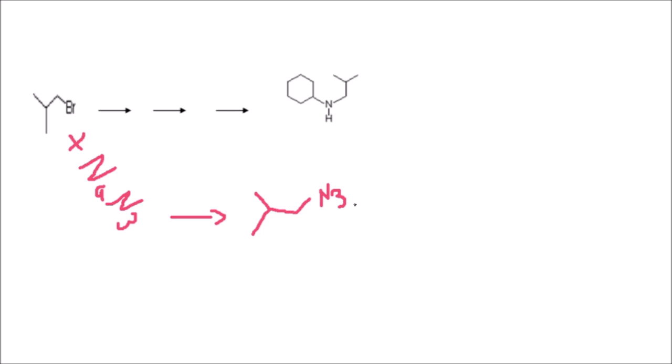Okay, azides have quite few reactions, but to get an amine from azide, we just need to reduce it by using lithium aluminum hydride, or just like the problem before, we can also use hydrogenation.